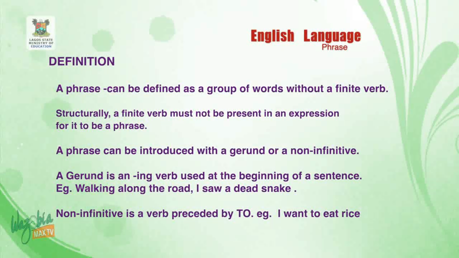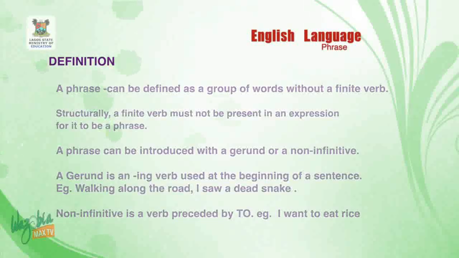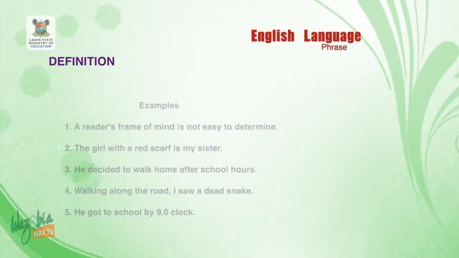Or a non-finite verb. This is a verb preceded by to, e.g., I want to eat. To eat is a non-finite verb. Therefore, in I want to eat rice, if you underline to eat rice, that means to eat rice is a phrase.